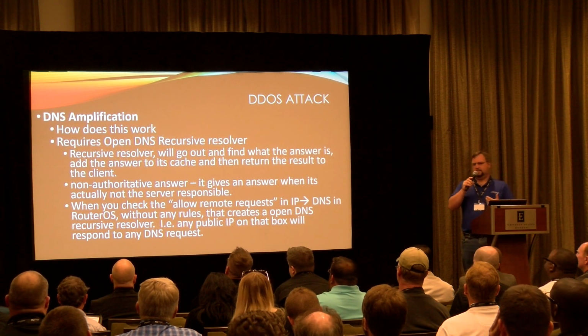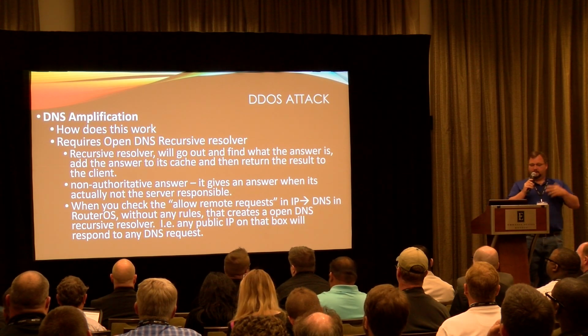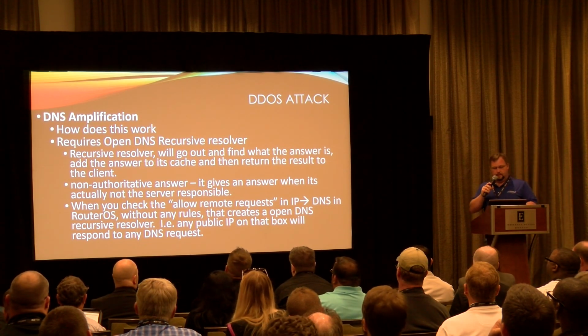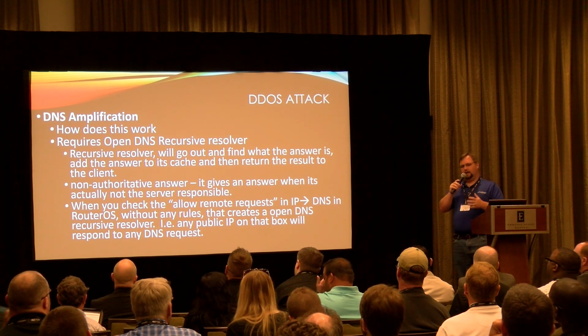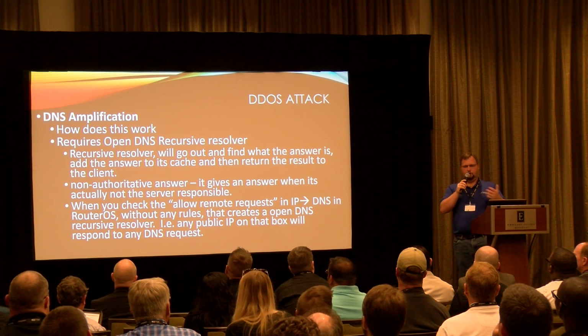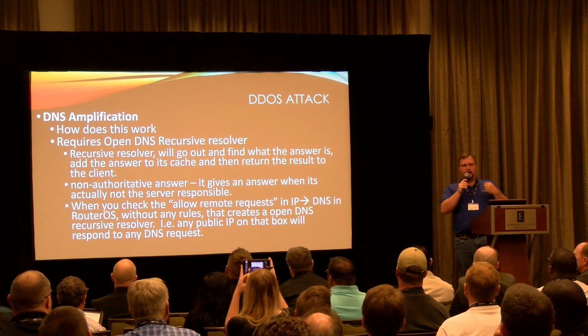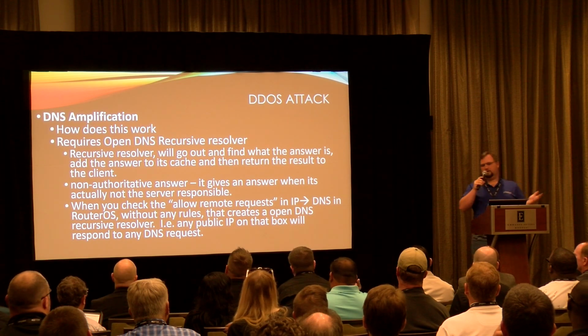So how does a DNS amplification attack work? Typically, we have to have the open resolver, of course. You have a DNS client making a request to a non-authoritative, open DNS server. Let's say I request Microsoft.com.